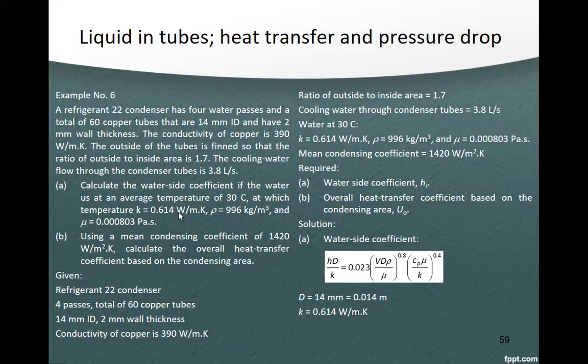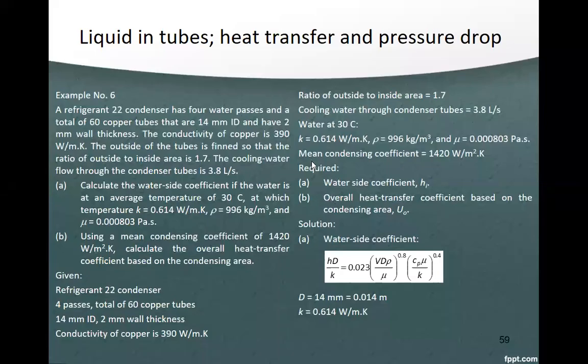Kung wala yung binigay na properties, kukunin natin sa mga table. So, letter B, using a mean condensing coefficient of 1420 watts per meter squared K, calculate the overall heat transfer coefficient based on the condensing area.